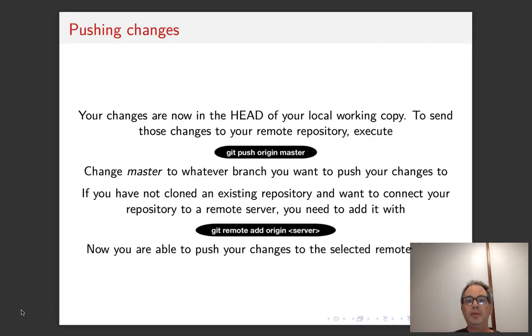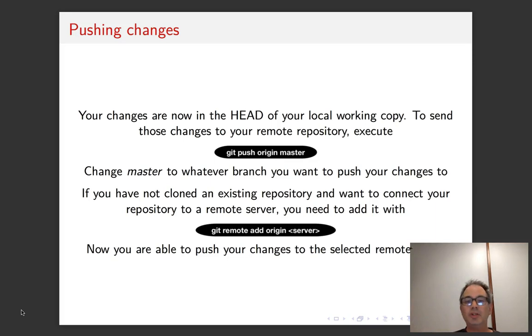In this case, when we want to make them visible remotely, we call a thing called pushing. Your changes are now in head of your local working copy. To send those changes to your remote repository, you can execute the command git push. In this case, we're going to pass in origin and master. And master is our branch. This is the default branch that Git uses in all cases, and it's the way most of the final releases will be derived from, for example.